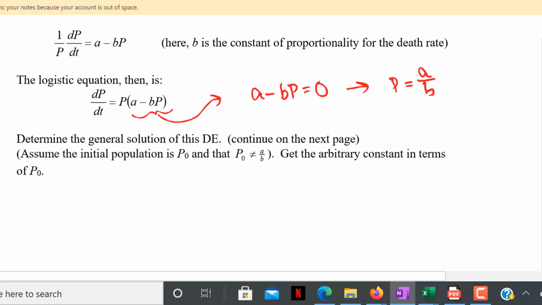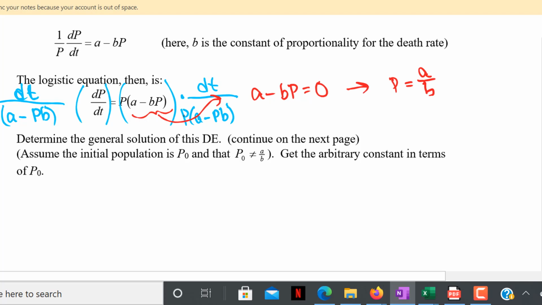Okay, so this is a separable differential equation. So I am going to multiply both sides by the reciprocal of the right-hand side and by dt. So I'm going to do dt over P times (A minus BP).